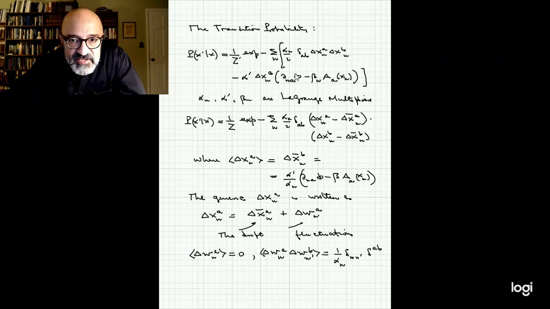You could increase this first term by a certain amount and decrease this term by the same amount, so that the whole thing remains fixed and the probability is the same. You can see that also at the level of the expected displacement. It depends not on phi alone or A alone, but on a combination of the two.